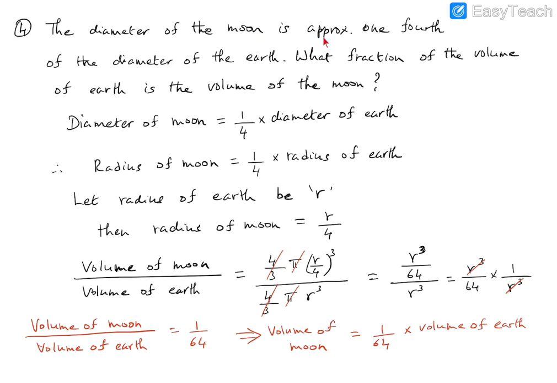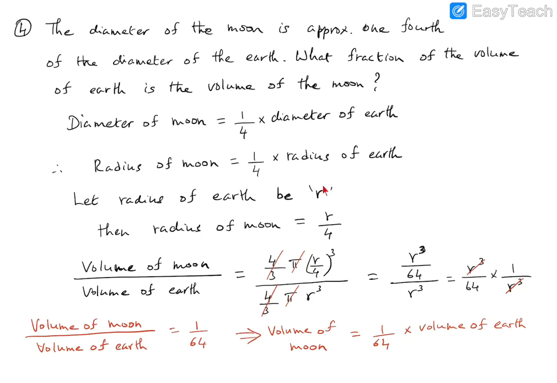Okay, so we are given in the question that the diameter of the moon is 1/4 of the diameter of the earth, from which we know that the radius of the moon is also 1/4 of the radius of the earth. So we have to just assume that the radius of the earth is some parameter, and then correspondingly write the radius of the moon in terms of that parameter using the relationship given here. In this case, the radius of the moon is 1/4 of the radius of the earth.